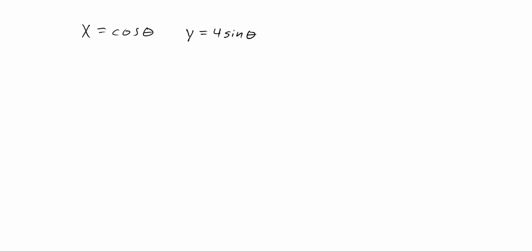And to do that here, we're going to do something a little bit different. We're going to look at our trig identities, and in particular sine squared theta plus cosine squared theta equals 1. This is one of those Pythagorean identities, okay? And we're going to use this to help us to eliminate the angle theta.